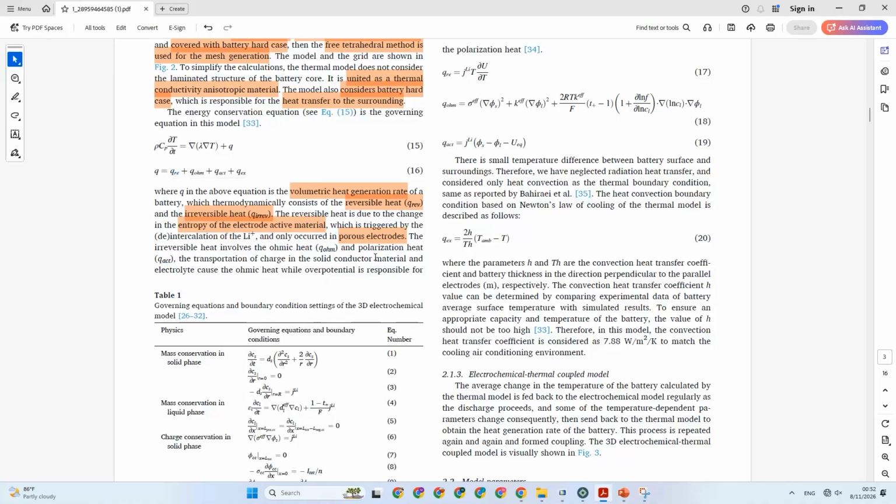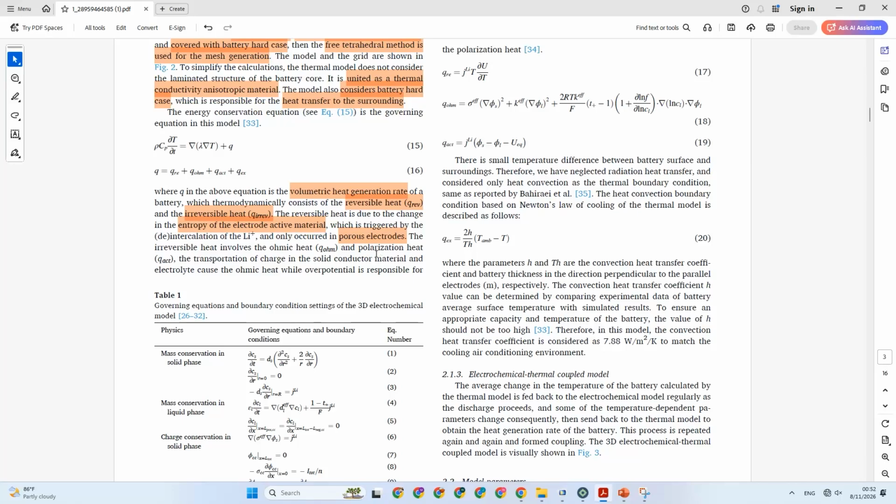Okay, the irreversible heat involves ohmic heat and polarization heat. Oh yes, here we have a reversible, that ohmic and, I don't know why they use ACT for polarization heat. ACT, I don't know why. Maybe ACT or action, I don't know.